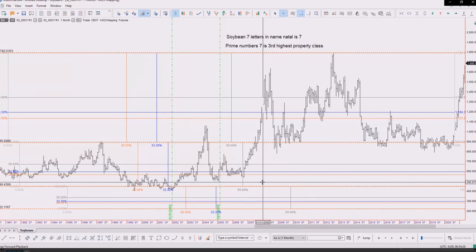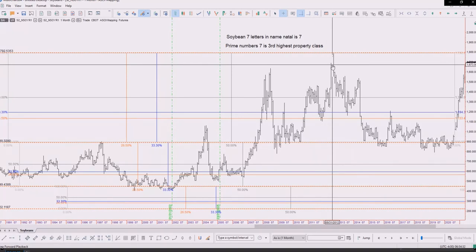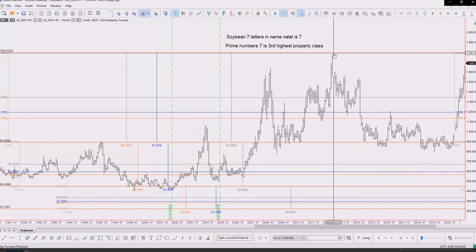But look what happens when we complete our time, times, and half a time octave sequence. When we finally complete that up at the 1792 level, we've just completed our Daniel time, times, and half a time, and it took how many years to get to 2012 to make that high.